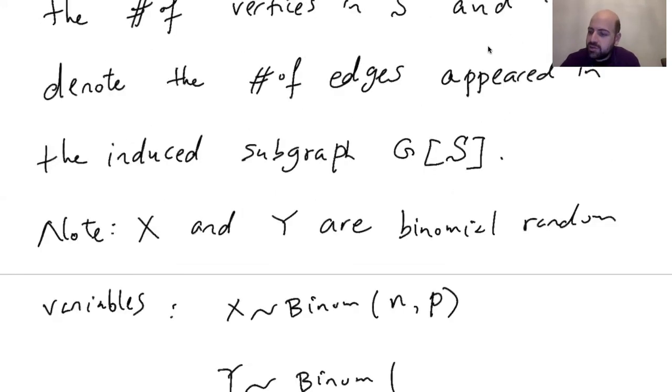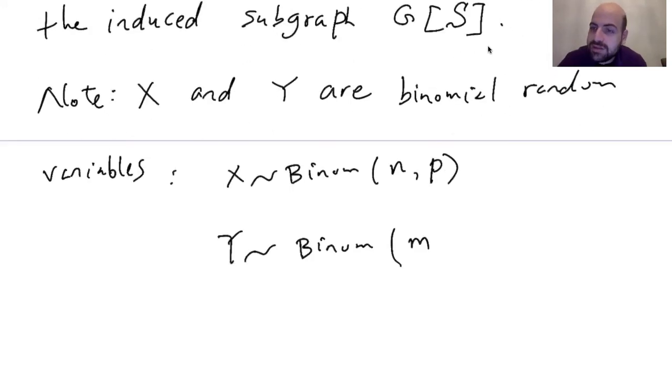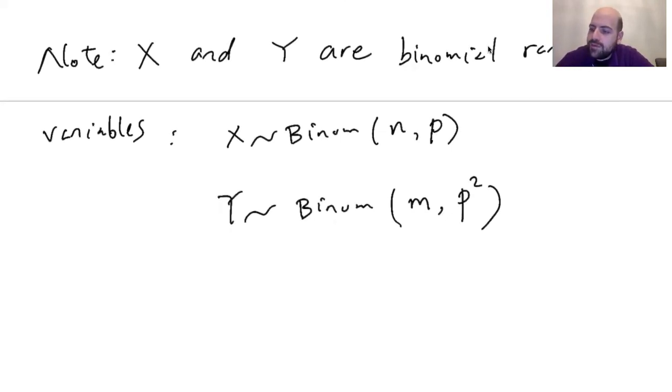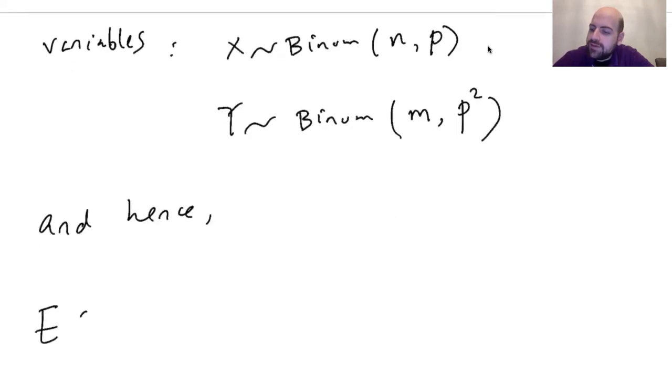How many edges do we have in total? M edges, which is the number of trials, and each one with probability of success P squared, which is the probability that those edges appear in the induced subgraph. Okay, so we have two binomial random variables, and hence I can find the expected value of these random variables.